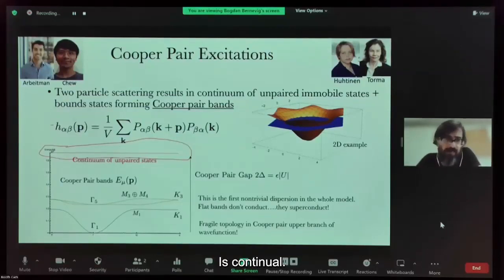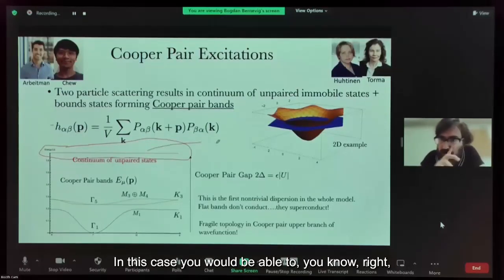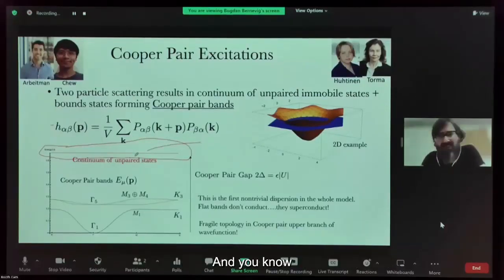So in this case, you'd have a hint. If I was given this interacting spectrum, the first question I would ask is, why is there a huge thermodynamic number of states that are exactly flat here? And here you'd be able to guess that they're coming from a flat band.